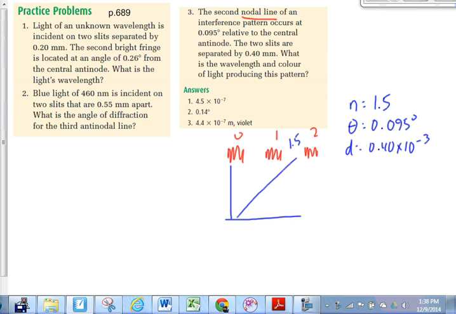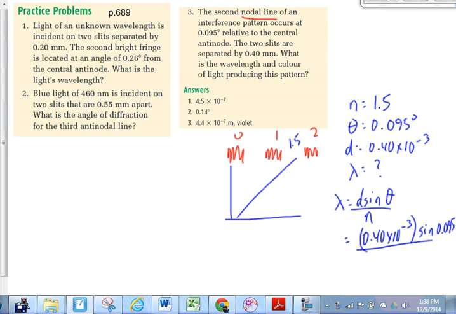We want to find out what lambda is. And n is 1.5. Do the math there. Should work out to be this, 4.4 times 10 to the minus 7.